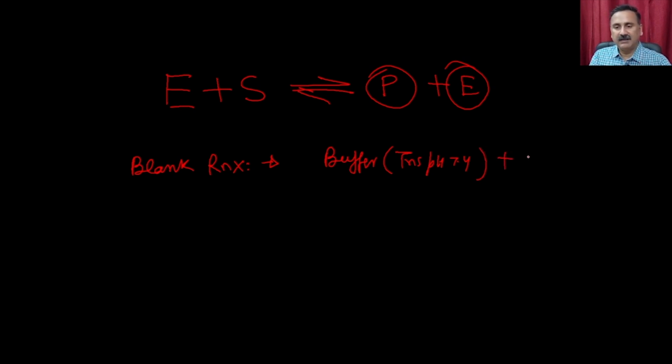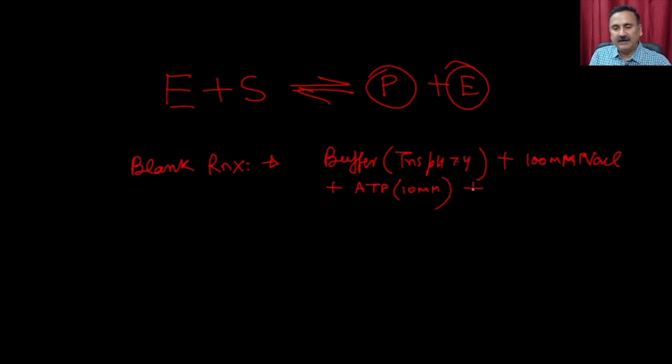For example, in this case I am keeping 100 millimolar NaCl, which provides some kind of biological environment. And I'm going to add some amount of substrate. So for example, if this is an ATPase, I'm going to add ATP, which is 10 millimolar, and that's it.